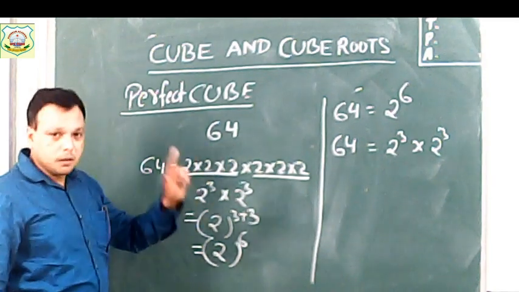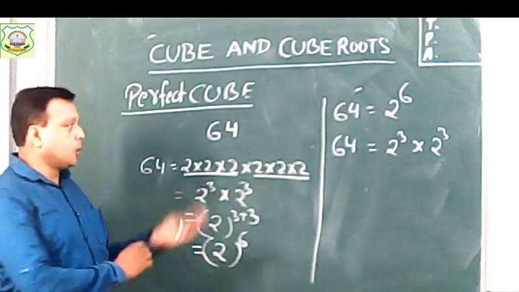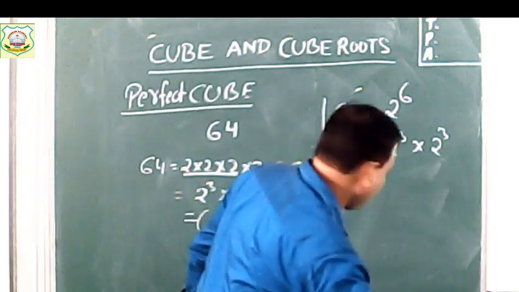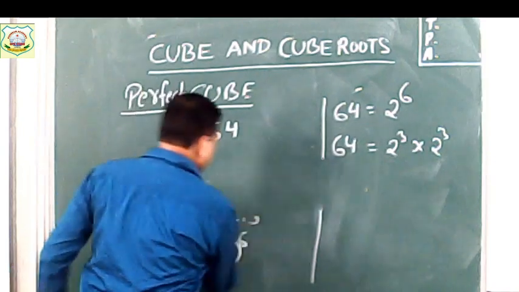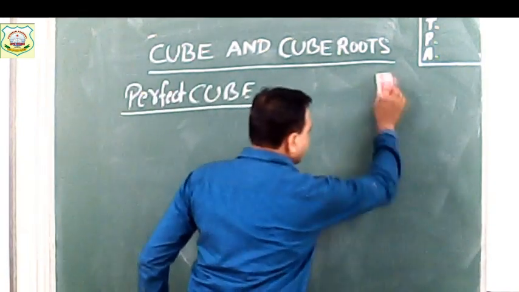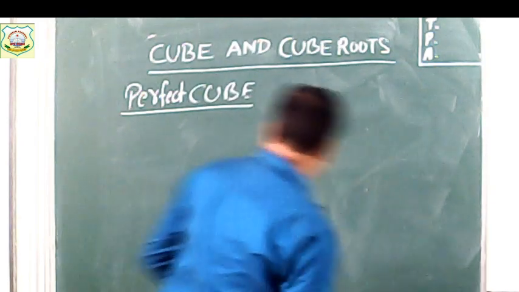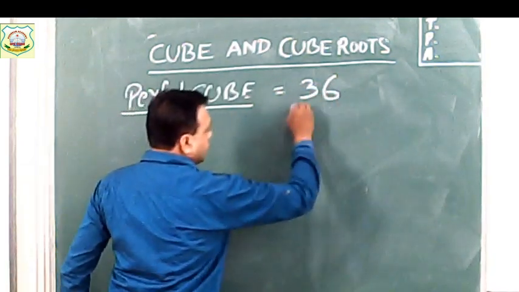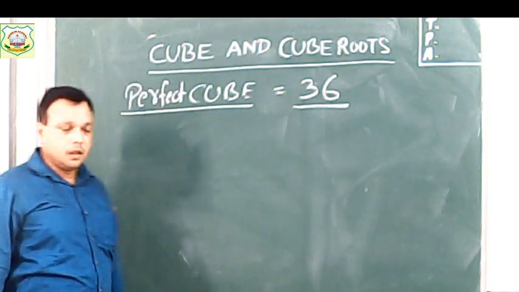Now we are going to one more example, where we don't know whether it is a perfect cube or not. This number we are taking, 36. Same rule.